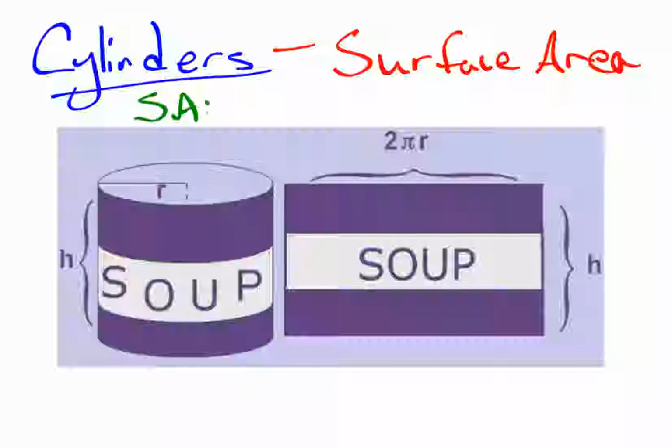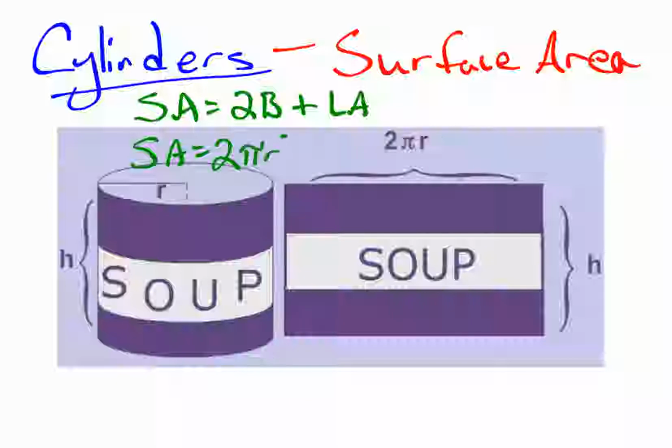So surface area of a prism, being that it was so similar to a cylinder, is 2 times the area of the base plus the lateral area. Now, being that we're talking about a cylinder, the area of the base is the area of a circle, which is symbolized by pi r squared.